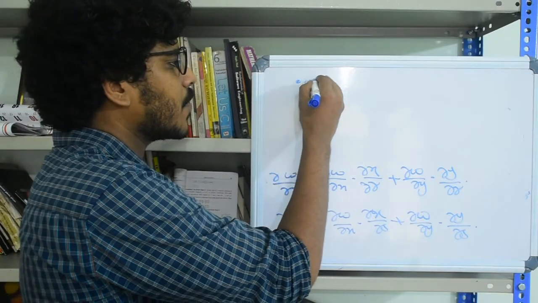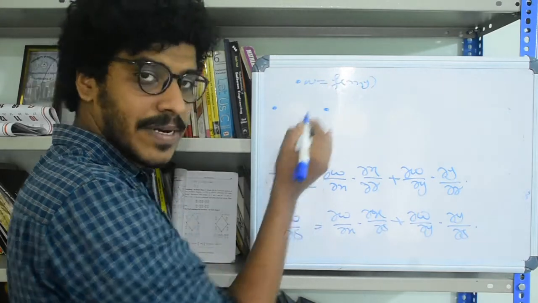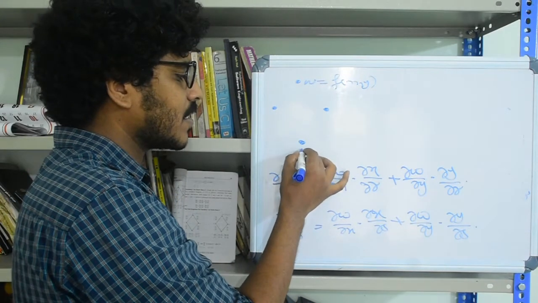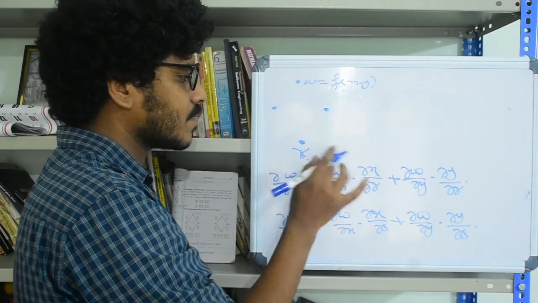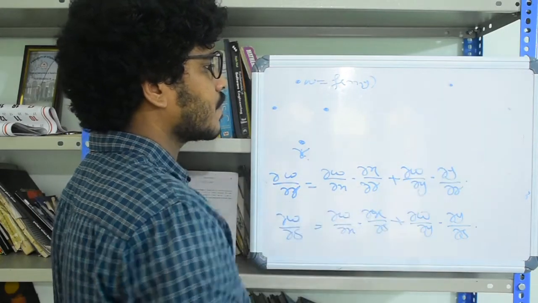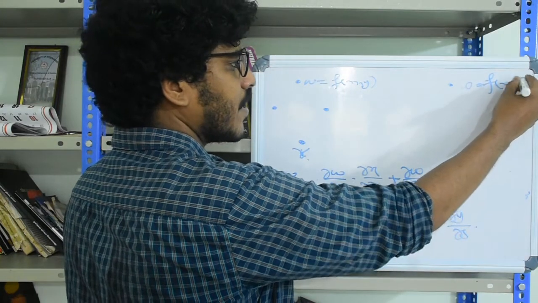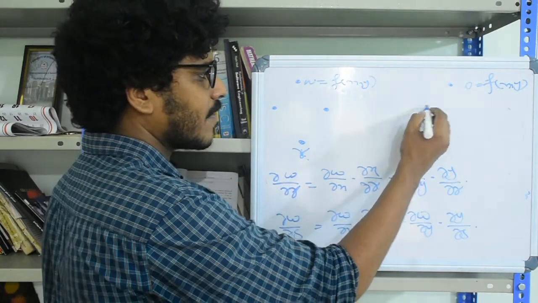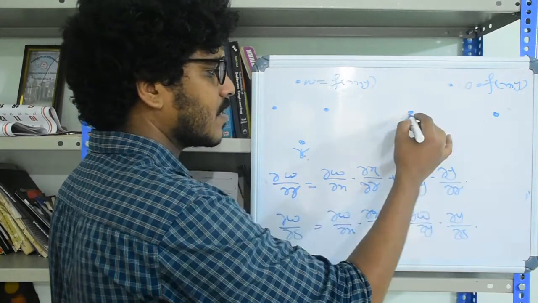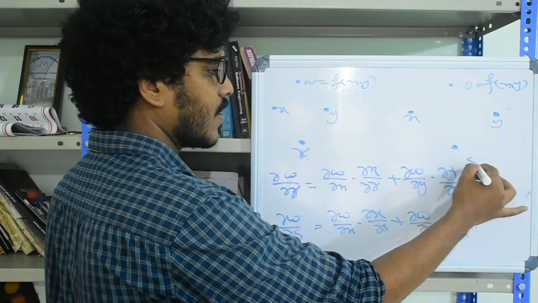So we have w equal to f of x, y, and we have two intermediate variables, and this is for say r, and we have another section corresponding to the independent variable s. We have two intermediate variables here, x and y, and s.